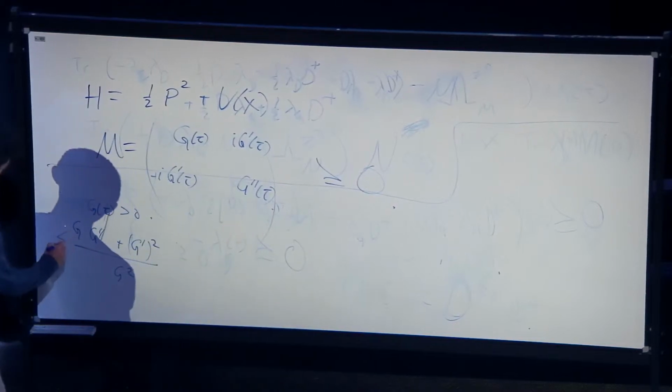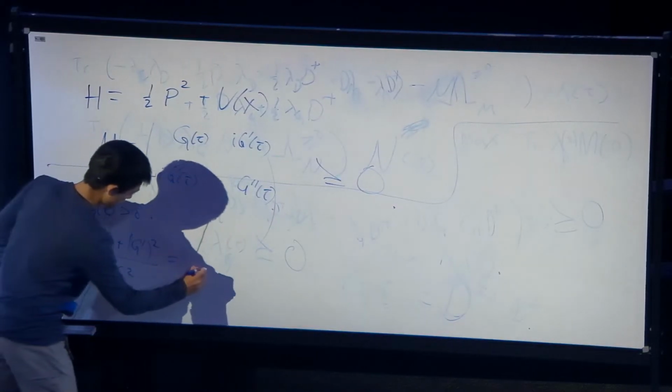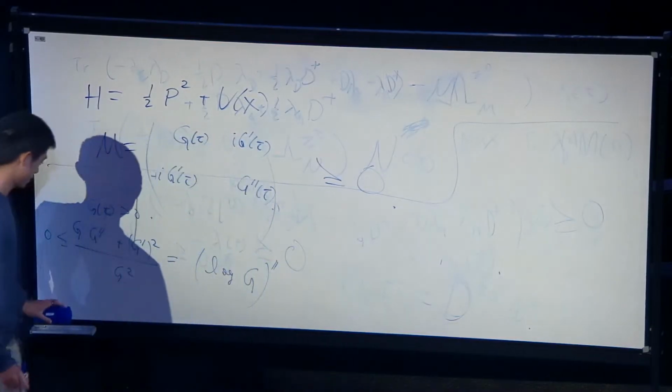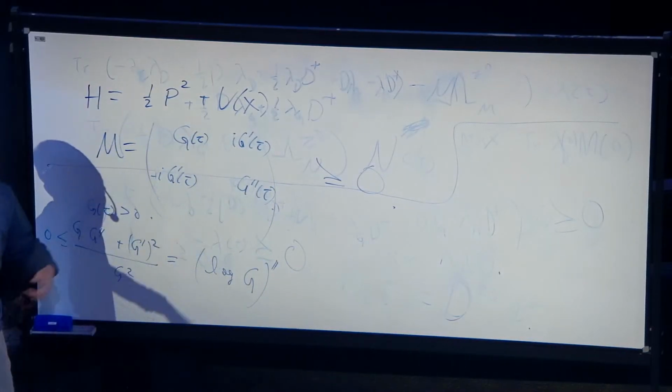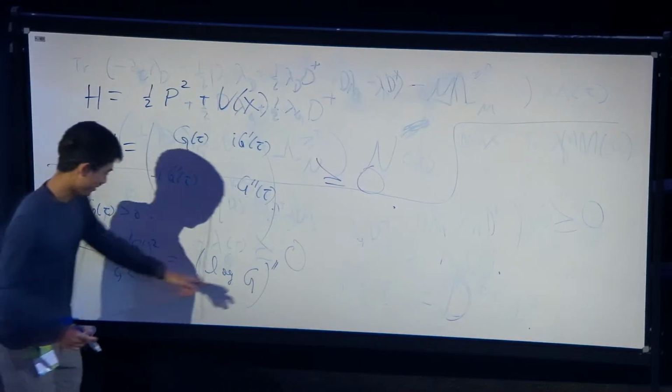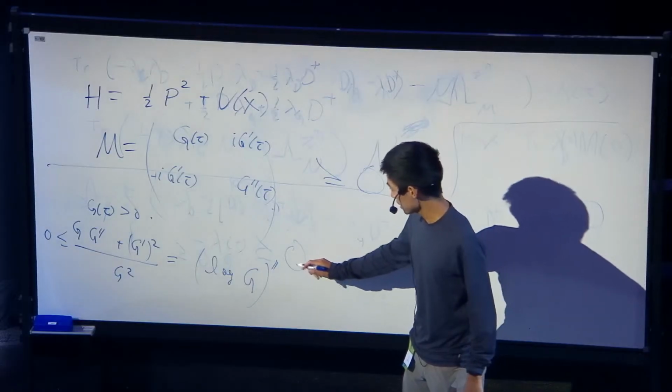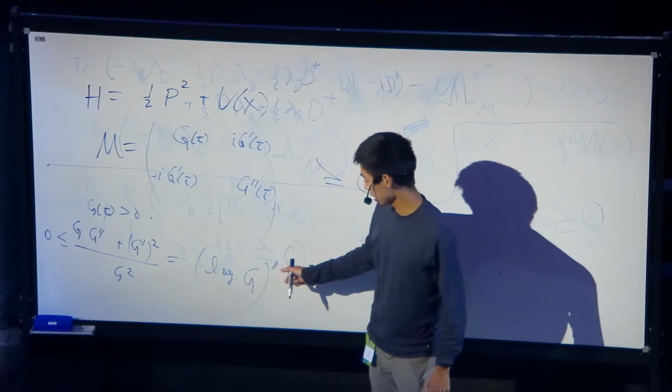We identify this with the second derivative of log G, so log G double prime, sorry. This quantity has to be greater than or equal to 0.